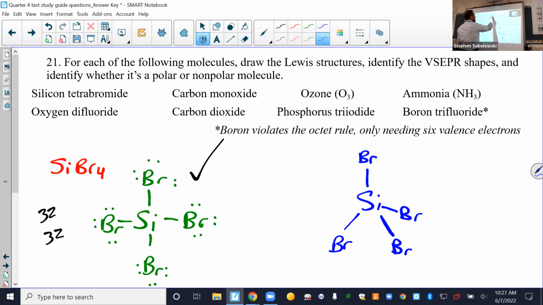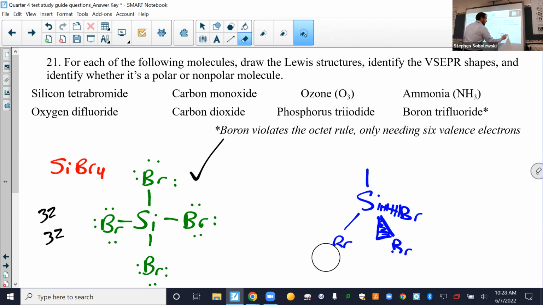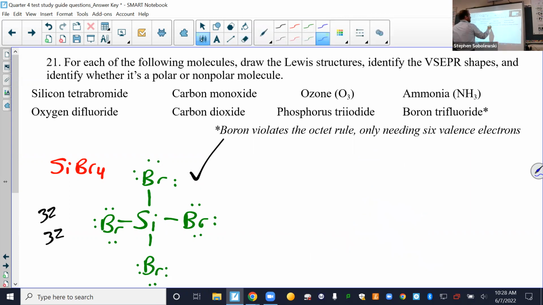And sometimes if you go into higher levels of chemistry, generally one of these is going to come out of the board towards you. We symbolize that with like a darkened wedge. And another one's going to be going into the board behind you. We show lines like this. So you might recognize that notation. Or if you're Googling things like this, you might see that notation. That's how you try to show 3 dimensions on a piece of paper. Okay, so again, our VSEPR shape for this one is tetrahedral.